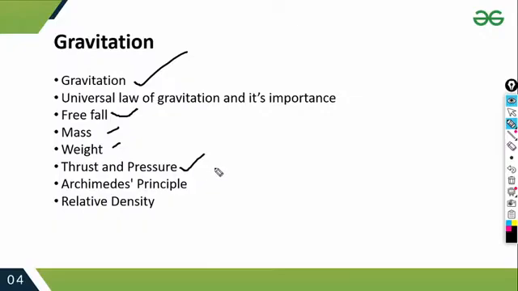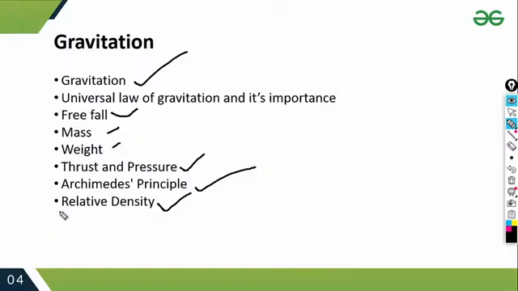After thrust and pressure, you know, comes Archimedes' principle. We will see Archimedes' principle, and we have a lot of applications of it that we are also going to see in this section. The last topic in this chapter will be relative density. We will see the relative density of things with respect to the density of water, since relative density is normally calculated with respect to the density of water.